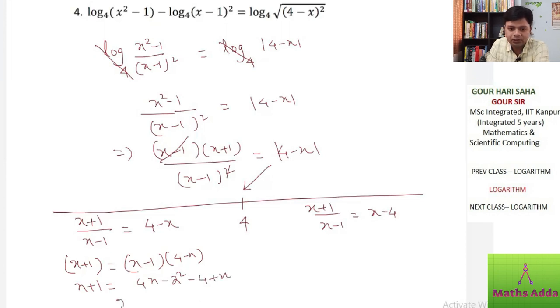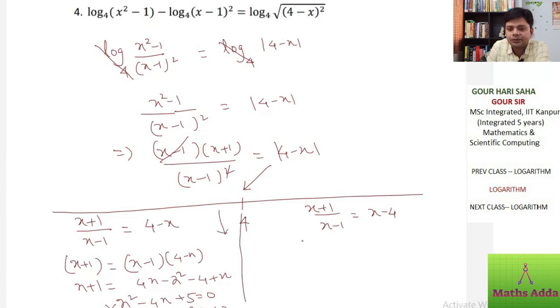So it is x square minus 4x plus 5 equal to 0. This will have no roots, because if you check the discriminant, b square minus 4ac, it is less than 0. So this quadratic equation will not have any answer, and we did not get any answer from this side.